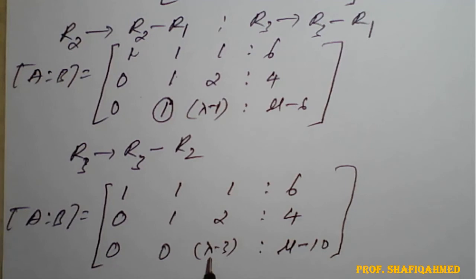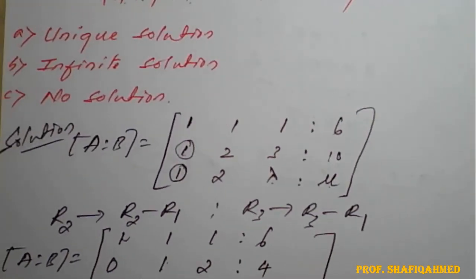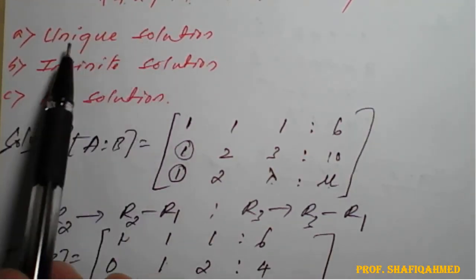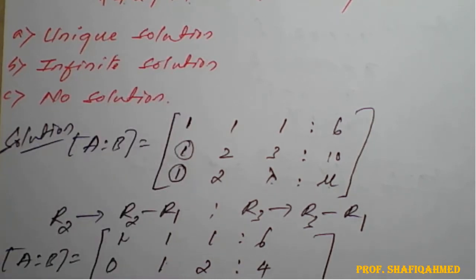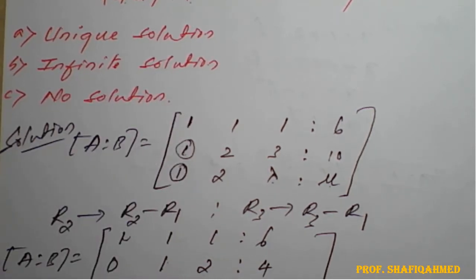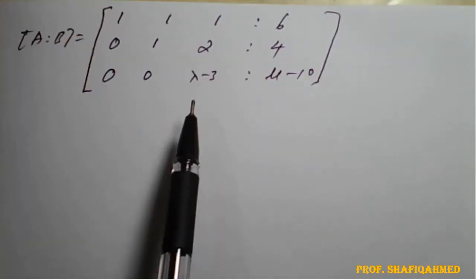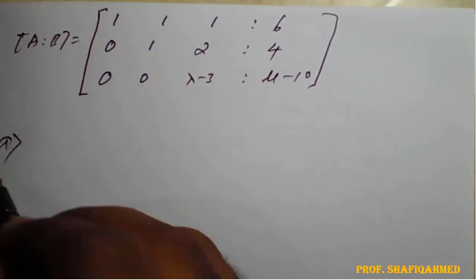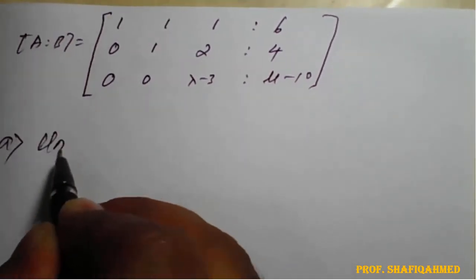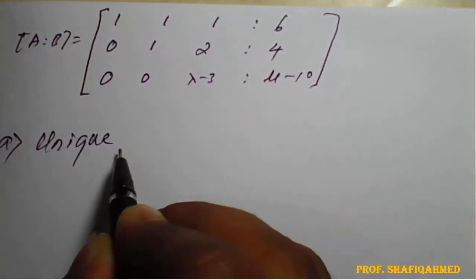Because we don't know the values of lambda and mu, we need to define the three results they have asked: unique solution, infinite solution, no solution. We'll check using the augmented matrix and the ranks of matrix A and the augmented matrix. So option 1, that is (a), is the unique solution.